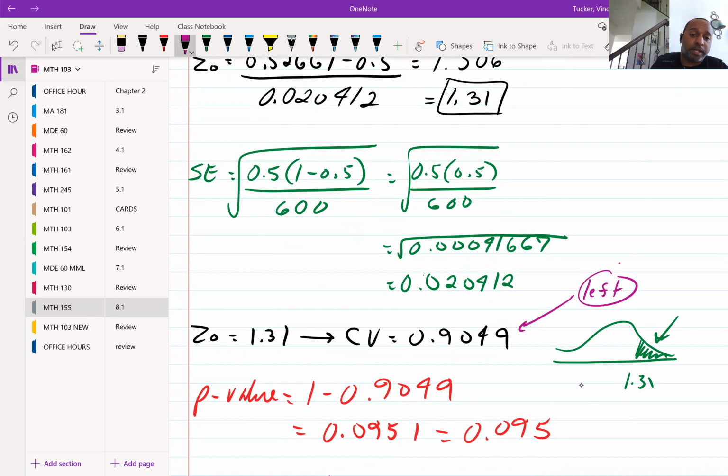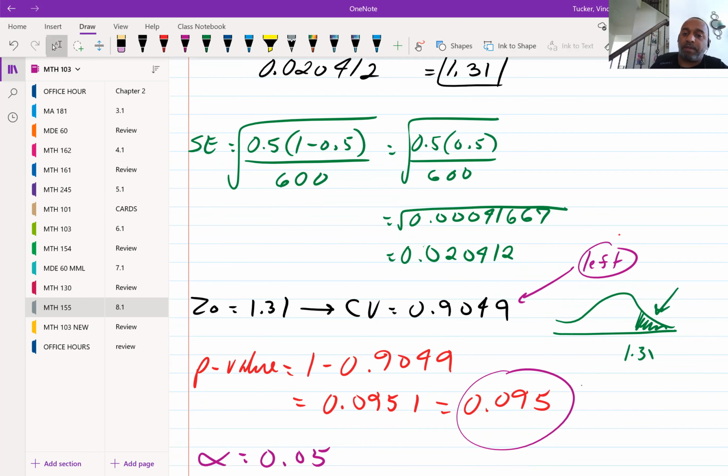So that's why we have to take that chart value, subtract it from 1, and that gives us the 0.095. All right. Everybody okay? Questions? Make sure we're good.